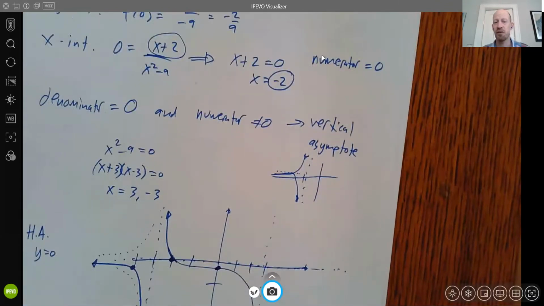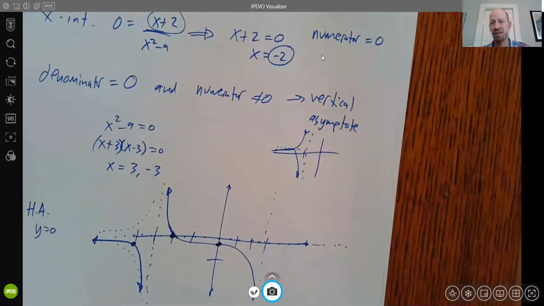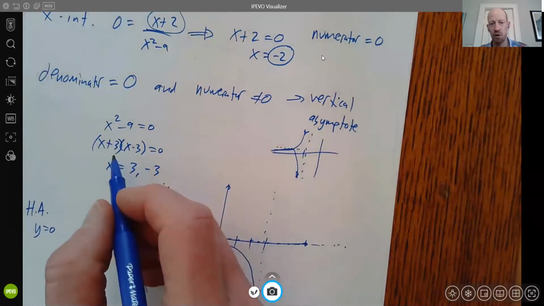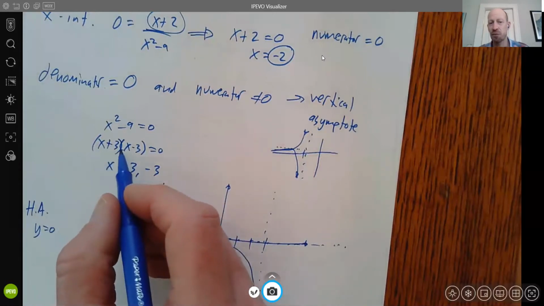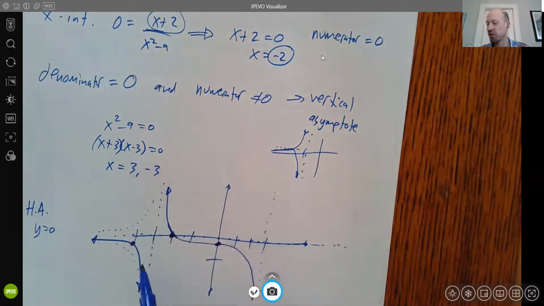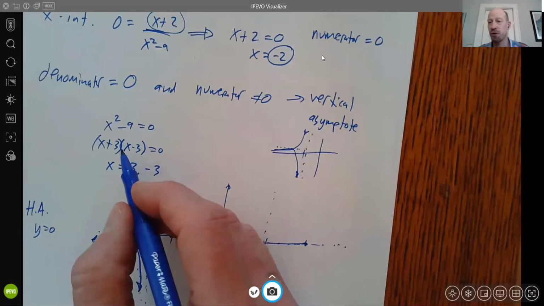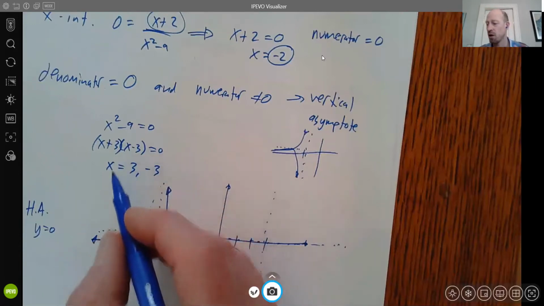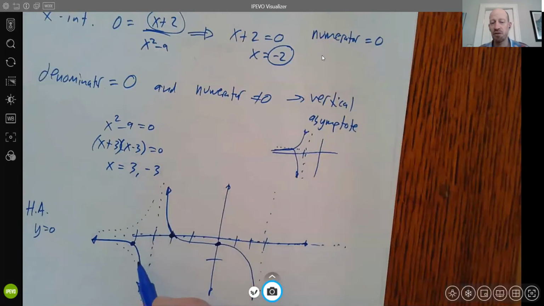The simpler or quicker option is to use what's called the multiplicity again, but for the vertical asymptotes. So x plus 3 is the factor that generates this vertical asymptote. That factor appears only once, x plus 3. It's not x plus 3 squared or x plus 3 to the 4th. When you have a multiplicity of 1, the function is going to flip.